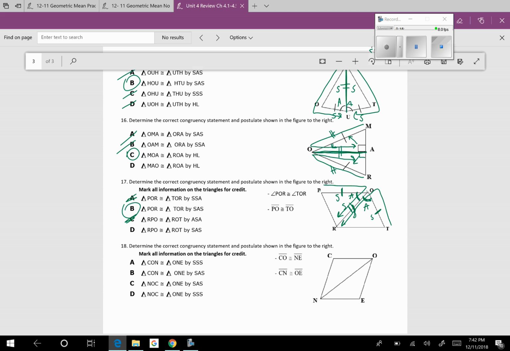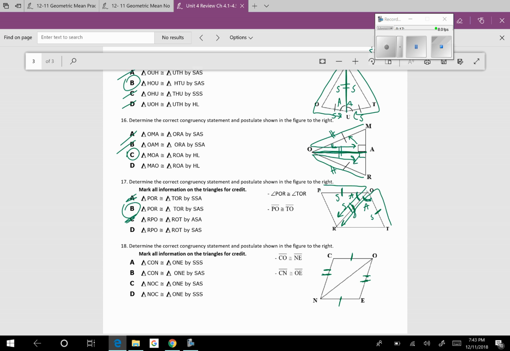And then now number 18, it says determine the correct congruency statement and postulate shown. So we have to mark CO is congruent to NE. So CO and then NE. And then CN and OE. Those should have 2. Okay, so those 2 are good.